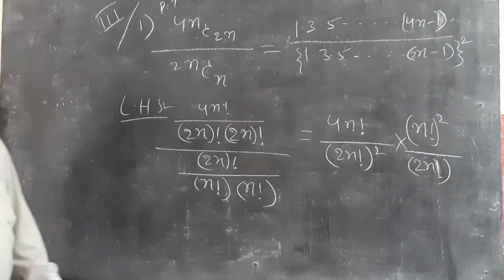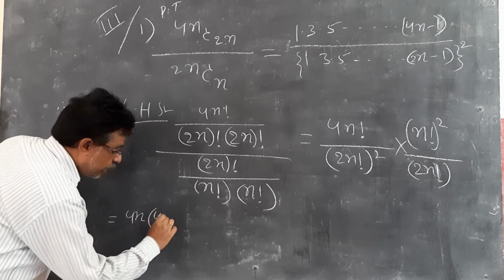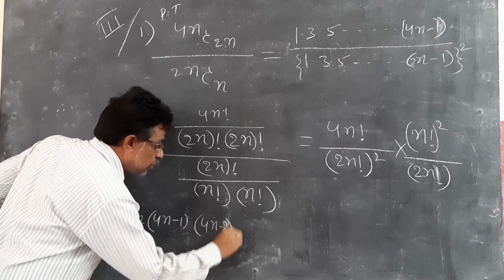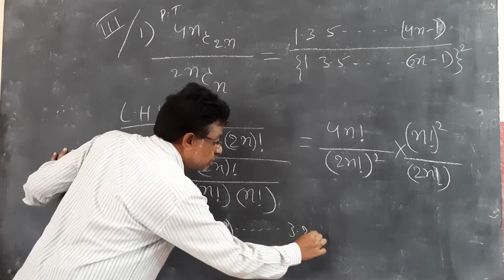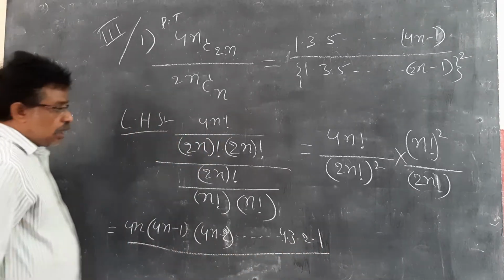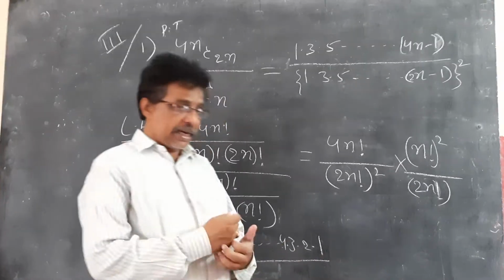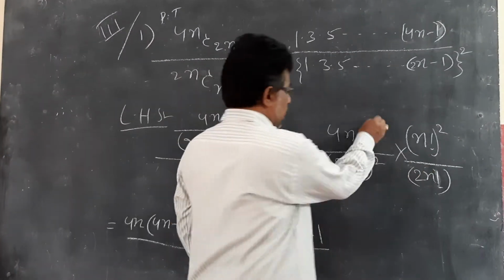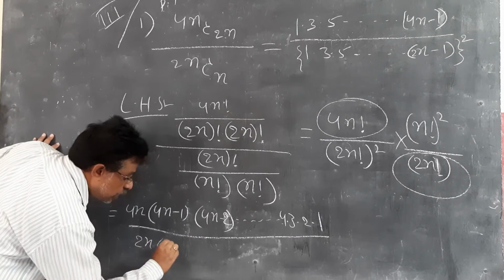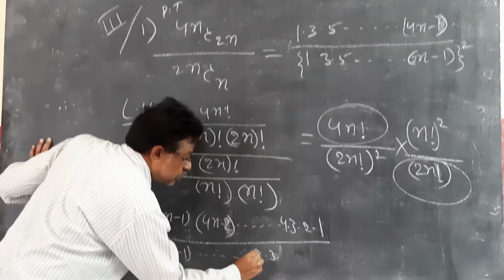Now simplify that part. 4n factorial I can write as 4n into 4n minus 1 into 4n minus 2 into 4n minus 3 into and so on till 3 into 2 into 1, divided by 2n factorial, which I will write as 2n into 2n minus 1 into 2n minus 2 into and so on till 3 into 2 into 1.